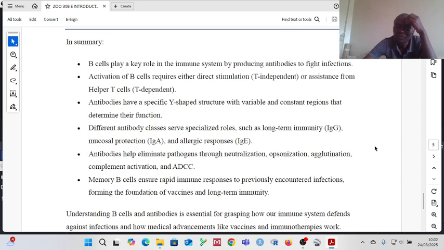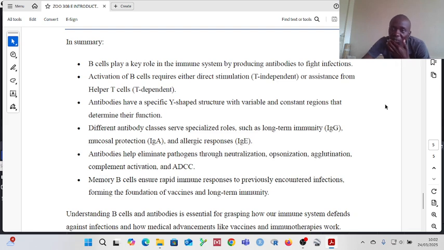For these B cells to act, they need to be activated, and that activation is done either through direct stimulation without the need of T cells, so we call that T-independent stimulation, or it requires the assistance of T cells, the helper T cells or the CD4 cells, what we call the T-dependent stimulation.